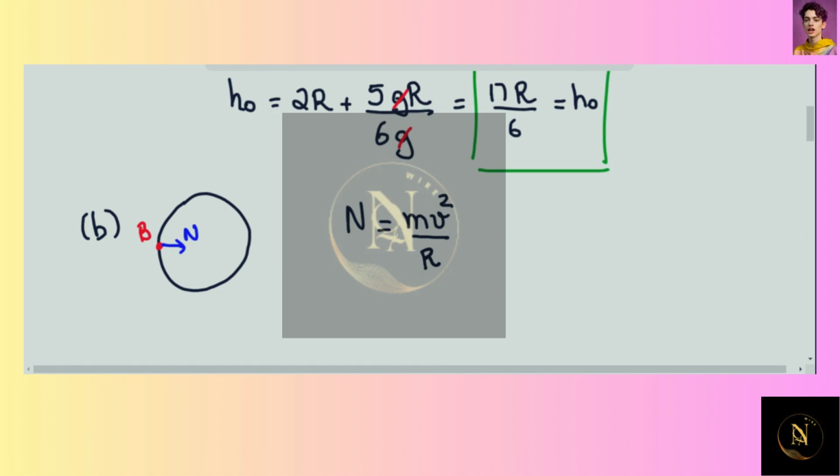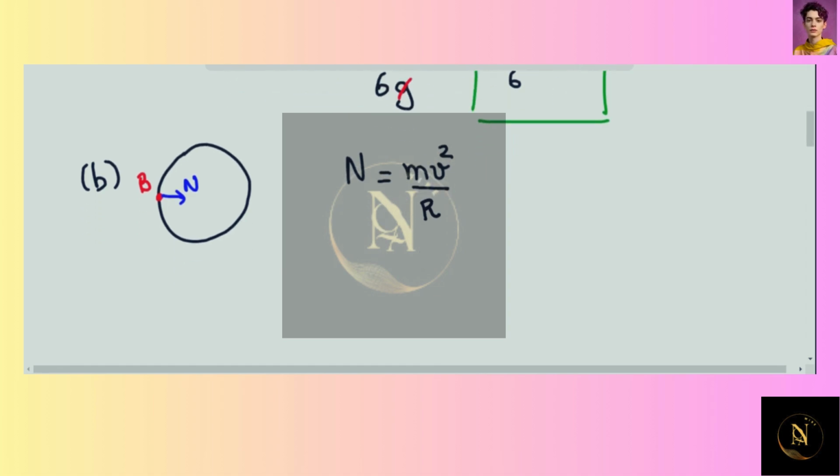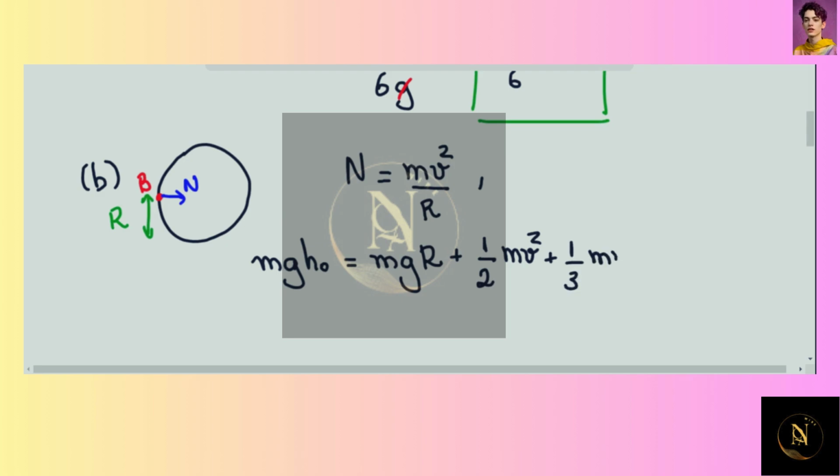So what we need to do is remember that the initial gravitational potential energy is mgh0. The final one is mgr, since the height here is just r, plus 1/2 of mv squared plus 1/3 of mv squared.